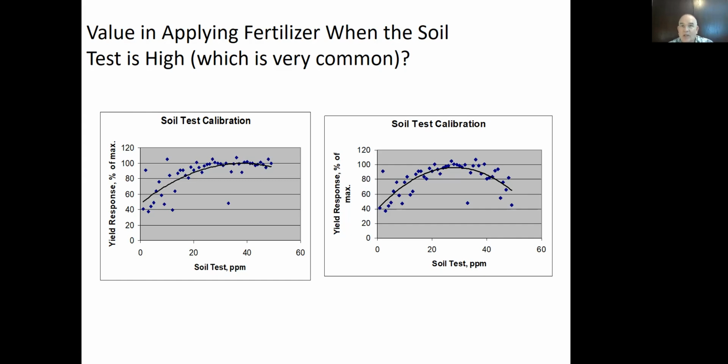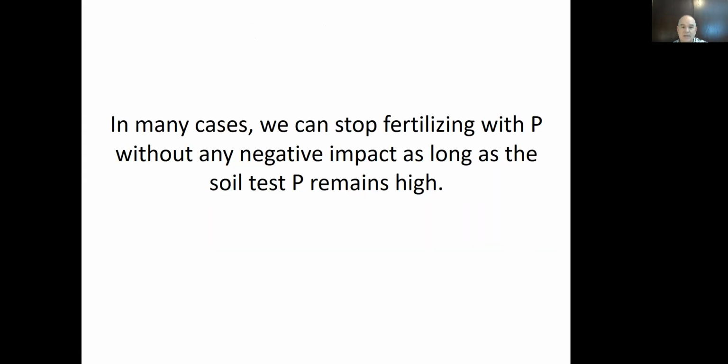So do I keep putting on fertilizer? The answer is no, I really shouldn't, because I'm potentially hurting my plants, hurting the environment. I'm wasting natural resources. Shouldn't be doing that. So in a lot of cases, we can stop fertilizing with, again, phosphorus as an example, without any negative impacts, as long as that soil test remains high. And if some of these values are so high, it's like, I'm not ever going to need that in my lifetime.